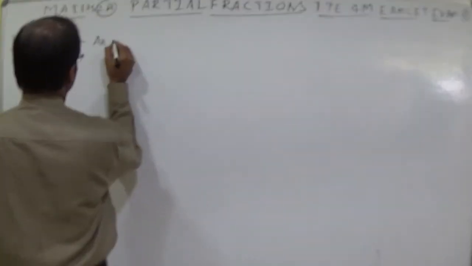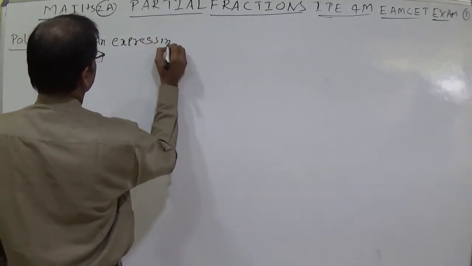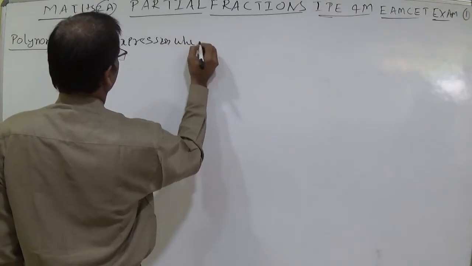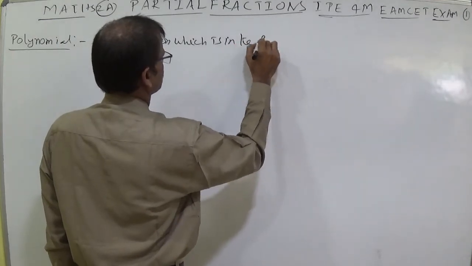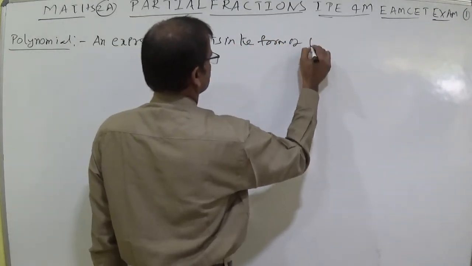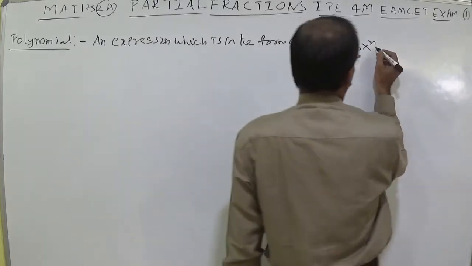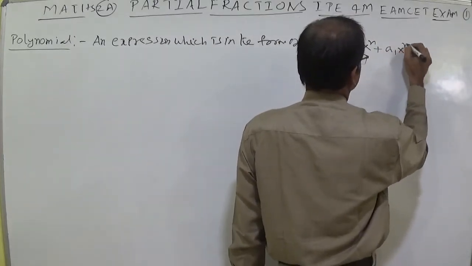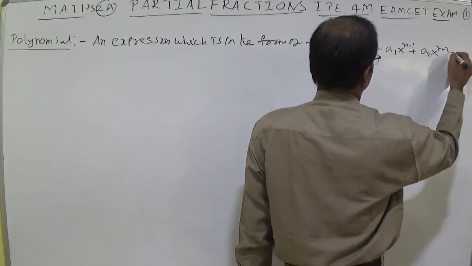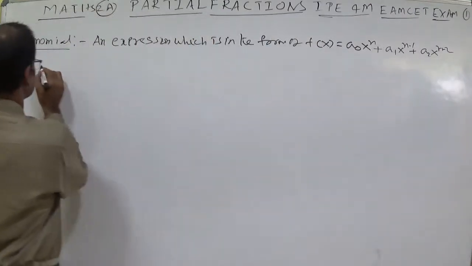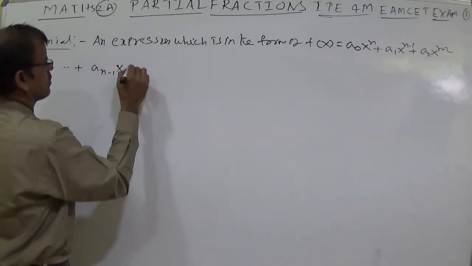An expression which is in the form of f of x is equal to a naught x power n plus a1 x power n minus 1 plus a2 x power n minus 2 plus so on, an minus 1 x plus an.